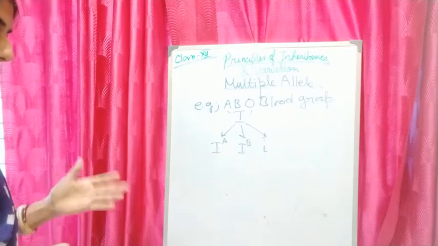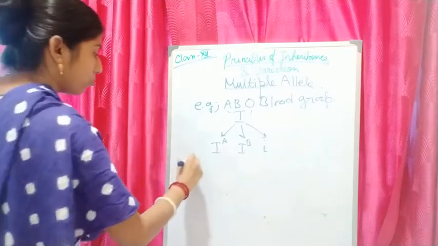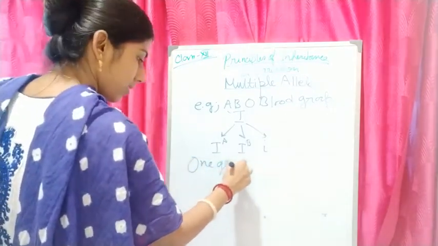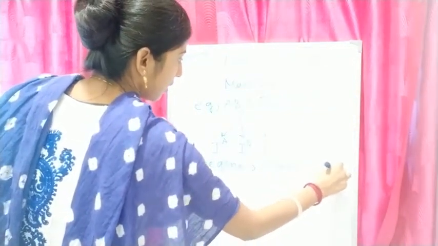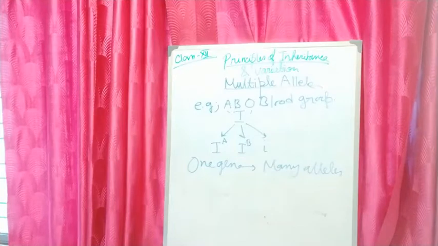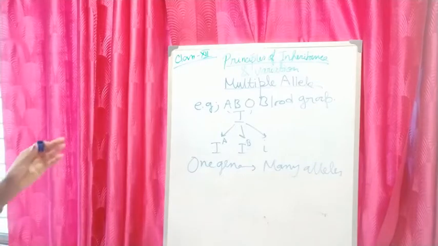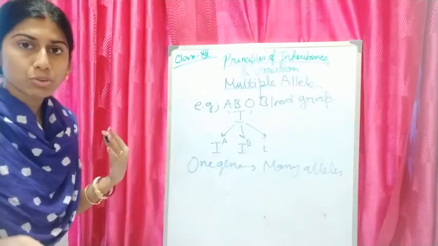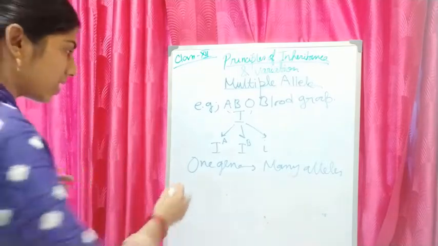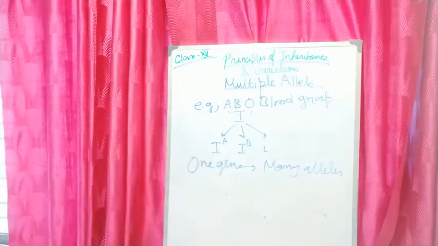I am repeating: one gene, many alleles. A gene has two alternative forms, that is alleles, so if more than two are present, it is considered multiple allele.